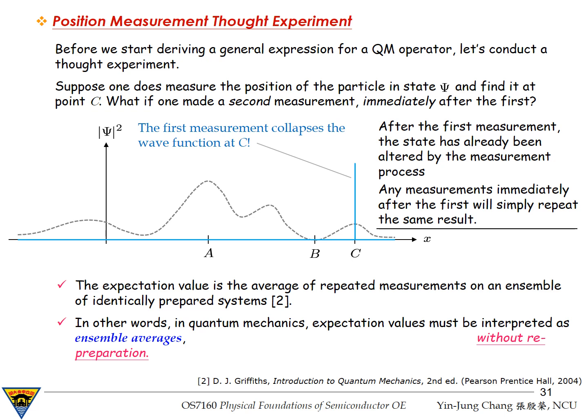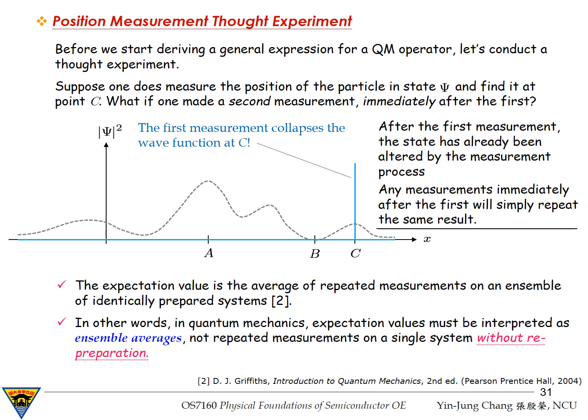So repeated immediate measurements on the same system do not sample the original probability distribution. They simply reproduce the post-measurement result. This is why in quantum mechanics, expectation values must be interpreted as the so-called ensemble averages, not repeated measurements on a single system without re-preparation.